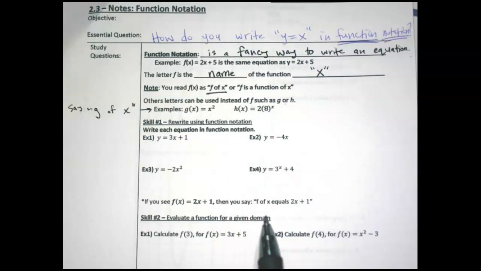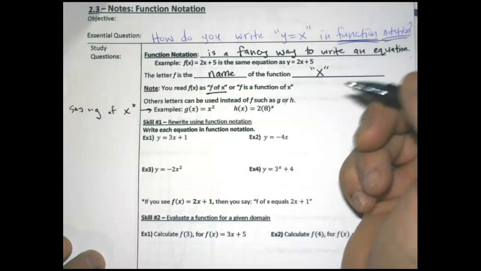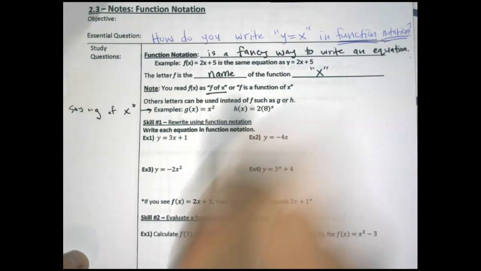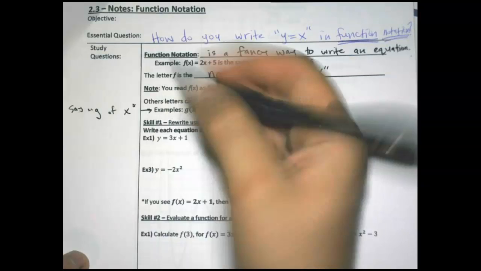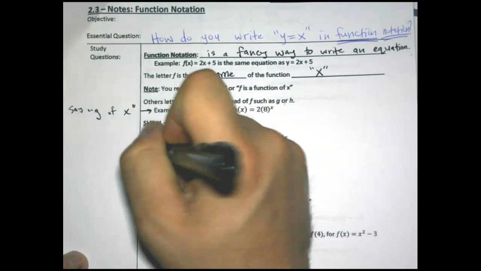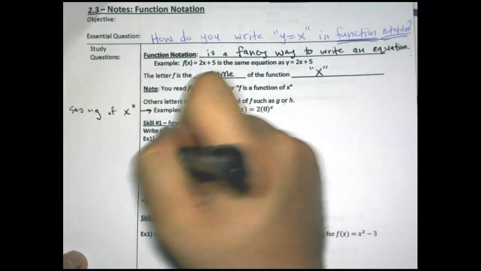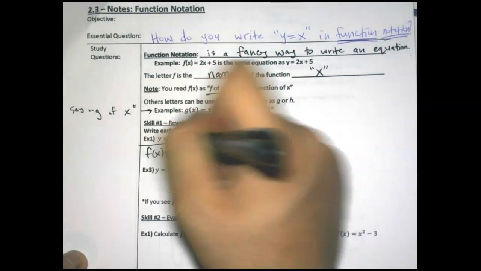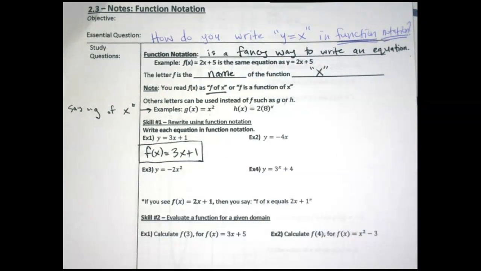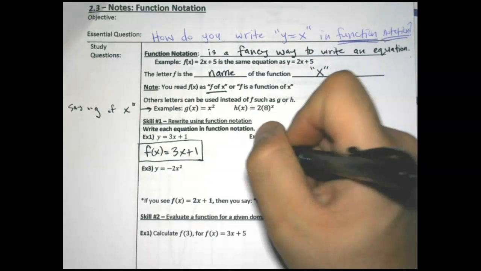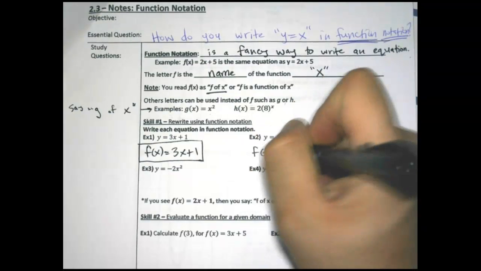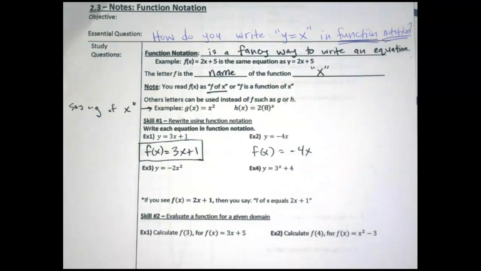And then at the beginning, it says to write these in function notation. So all I have to do is change y to f of x, right? Each equation in function notation. All I have to do again is change y to f of x, and I've now written it in function notation. So it is as simple as that. Y equals negative 4x, f of x equals negative 4x.